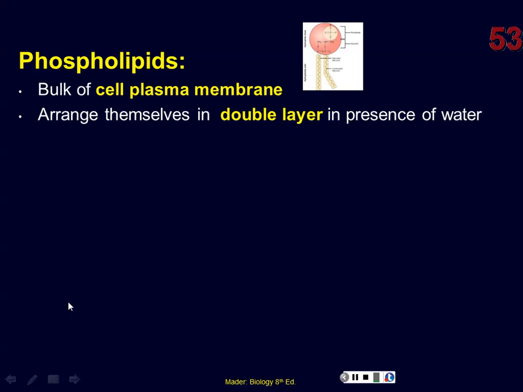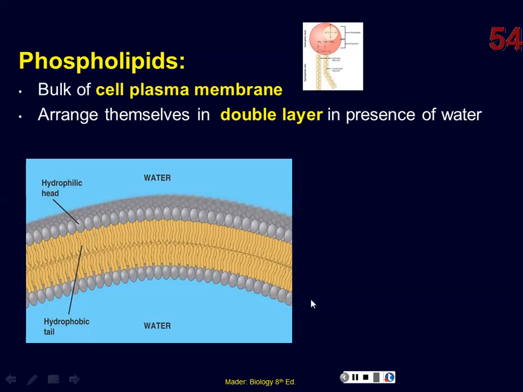They form a double layer. We call it the phospholipid bilayer. Bi means 2. So let's take a look at what that would look like if these phospholipids formed a double layer. It looks like this.